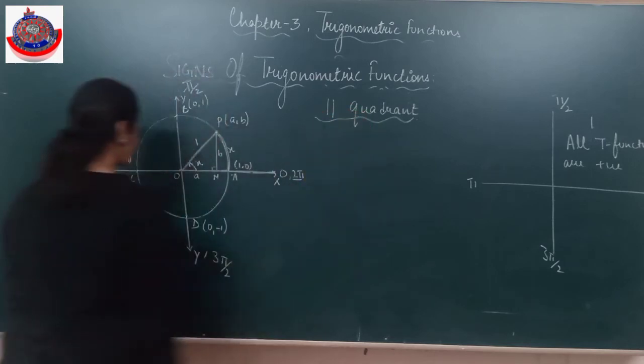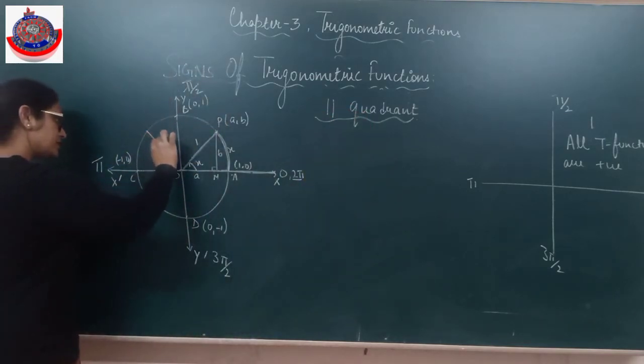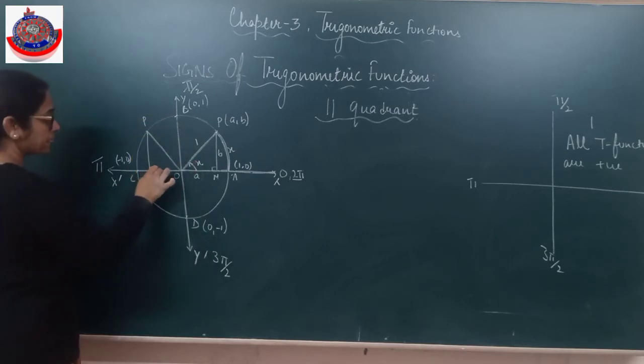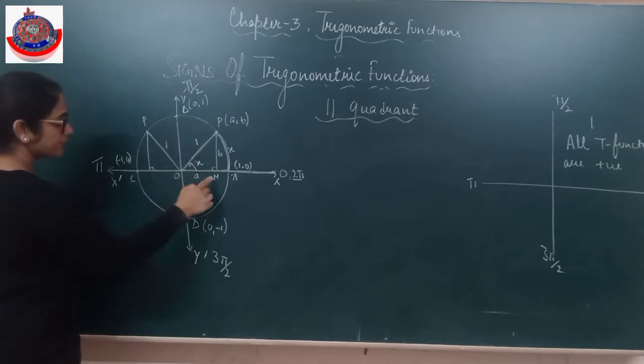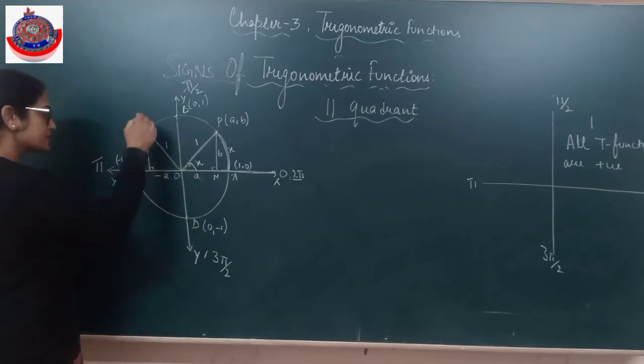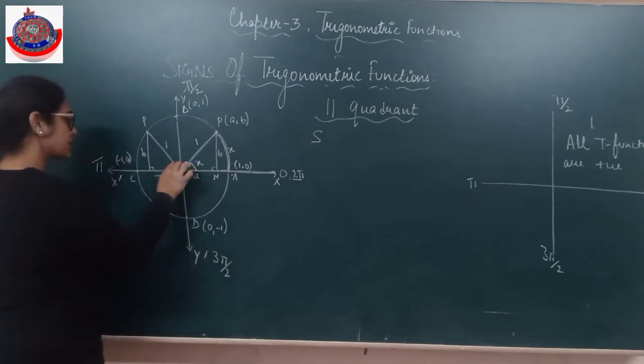Second quadrant. Now second quadrant, I am bringing this point P here. This is my 1 unit. It comes down here. Fine, this is 1. This is A. This is going to be minus A because the negative direction. This is a positive B. This is also B. Now talk about sine x. Now this angle has come here.